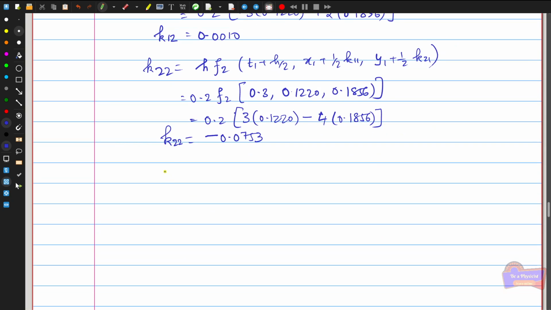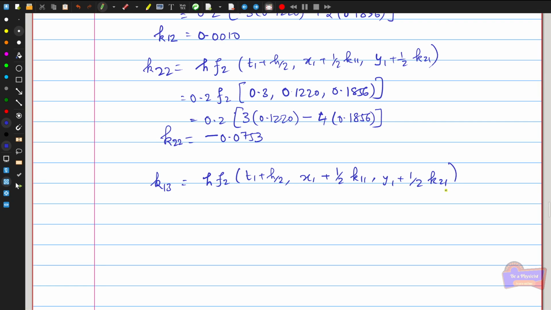Similarly, I can calculate the k13, k23, k14, k24. So the values you can just do it as homework. So the value of k13 is equal to h into f2 of t1 plus h divided by 2, x1 plus half k11, y1 plus half of k21. This is k12 and this is k22.